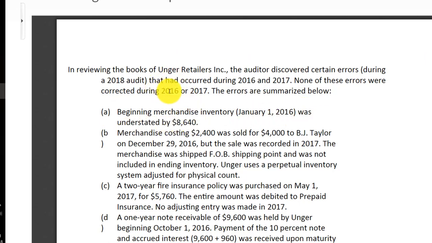Now this is only going to affect 2016, assuming that the ending year and the subsequent inventories are correct. This is only going to affect 2016. It would have affected also 2015, but we're not worried about that. So we need to make a correction there.